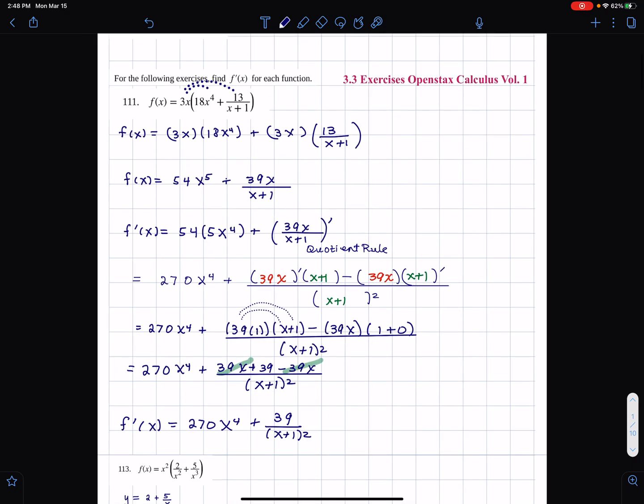And I'm trying to look at this and see whether there are any mistakes. I feel like that should be a minus 39. Now, why isn't it?